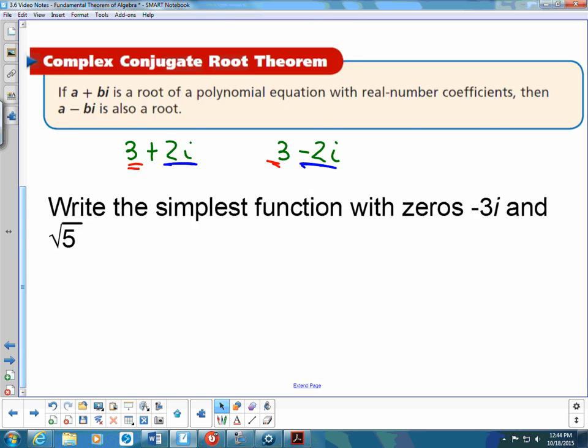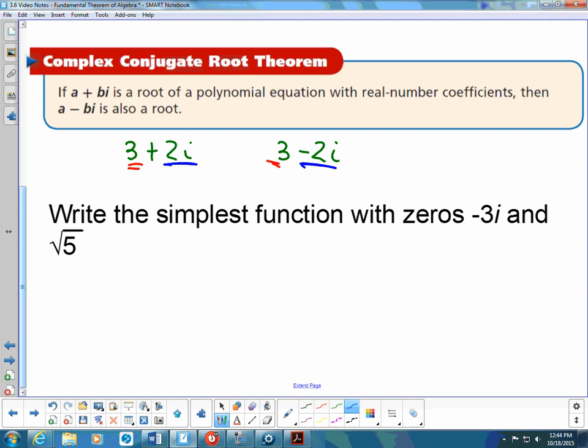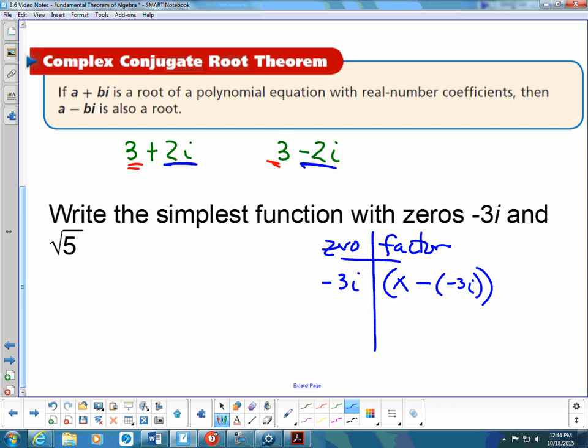This one's going to be a little easier than the one we had before. In this case, we want the simplest function with zeros negative 3i and square root of 5. If negative 3i is a zero, let's write down what the factor would be. If the zero is negative 3i, then x minus negative 3i would be a factor.